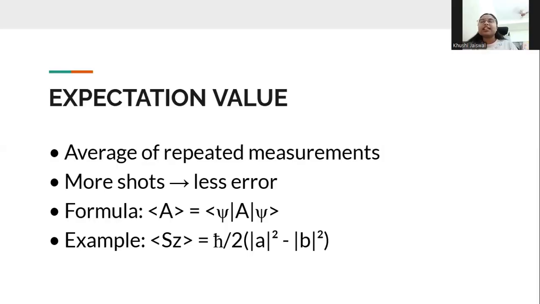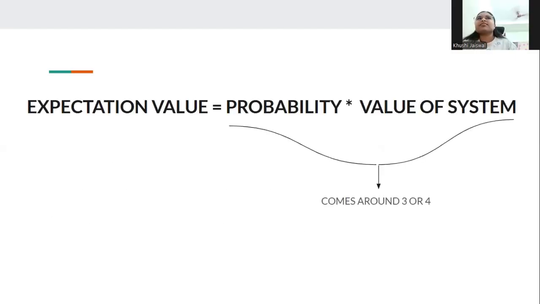So the formula goes like this: bracket A equals bra psi, operator A, ket psi. So basically we read it as bra psi operator A ket psi, right? Here we can find the expectation value, which is probability times value of the system.